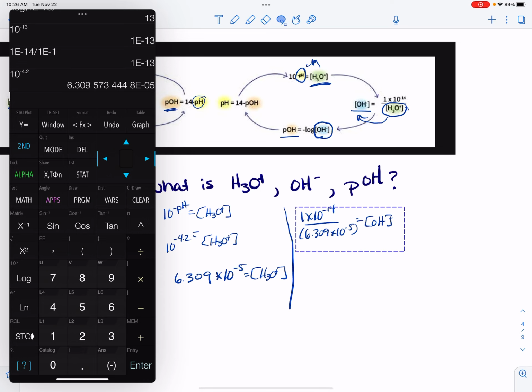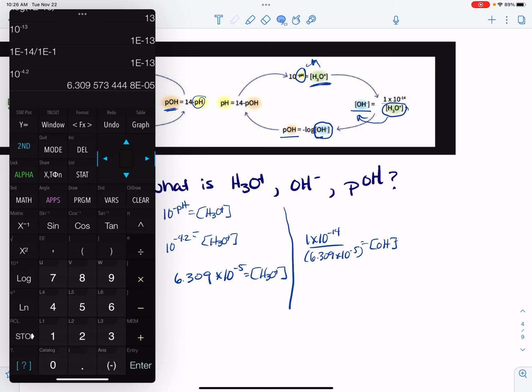If you weren't sure what equation, I took this one right here: 1 times 10 to the minus 14th over H3O plus equals OH minus.